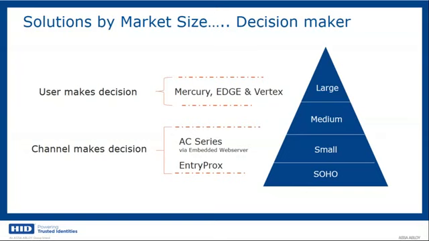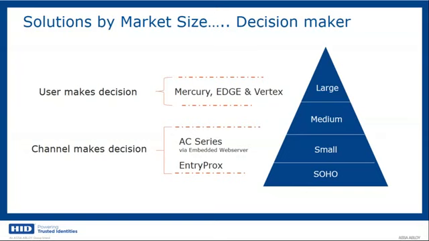In this part of the market, normally the user is the one that makes the decision, because they have the money and the knowledge to take this kind of decision. Normally, in the small and SOHO part of the market, the channels make the decision, taking into account the number of doors or the needs that their end user has.